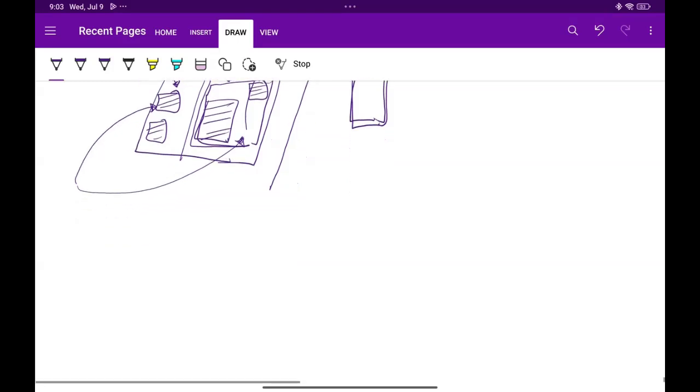Now we have two ways to do this, or three ways, but one is checkpoint and the next is lazy writer.